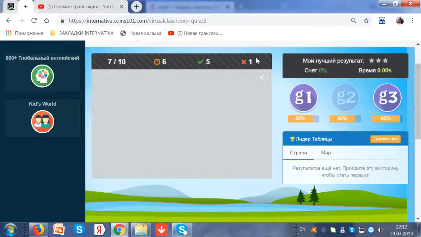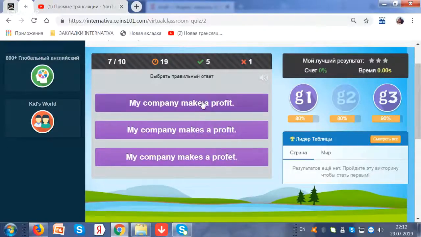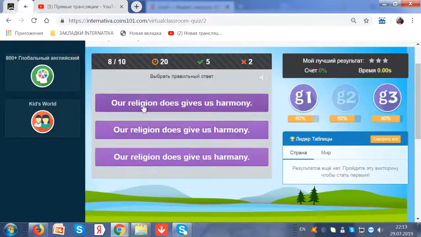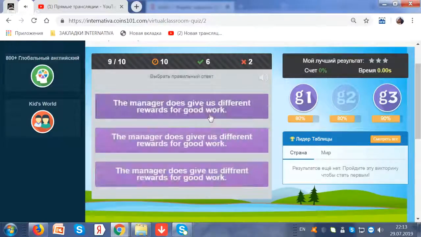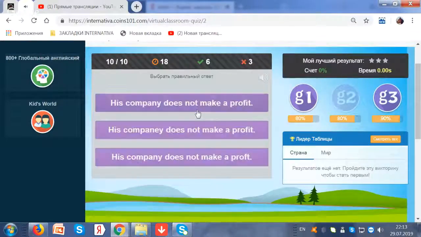Adjustment. My company make a profit. Again the same thing. Our religion does gives us harmony. The manager does. His company does not make a profit.